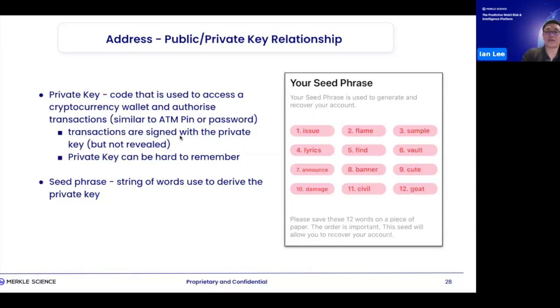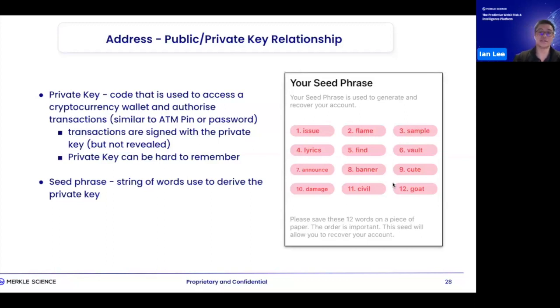There are a couple of different ways these private keys can be generated, but one of the most common is through something called a seed phrase, which looks a lot like what you see in this image over here. A seed phrase is basically 12 to 16 to 24 short words which can be used to regenerate the private key.